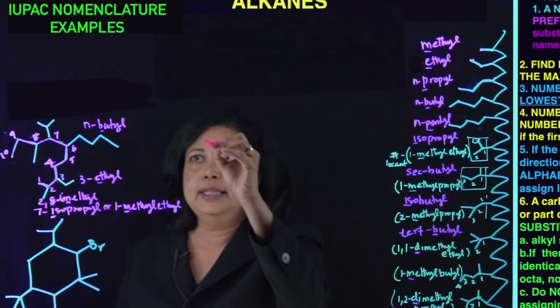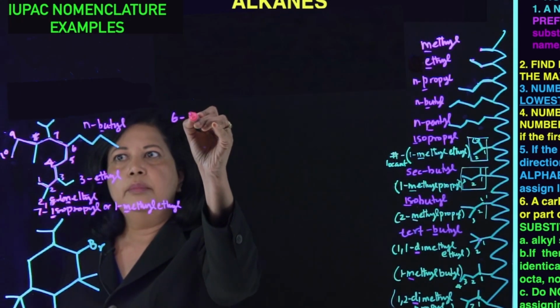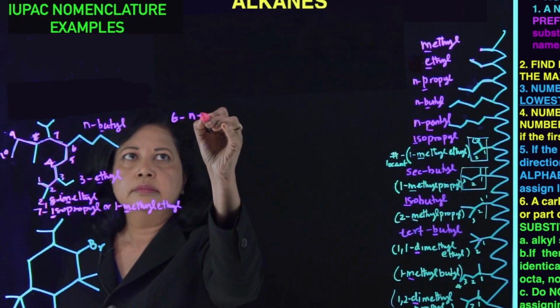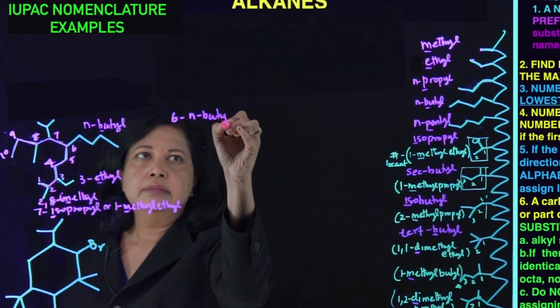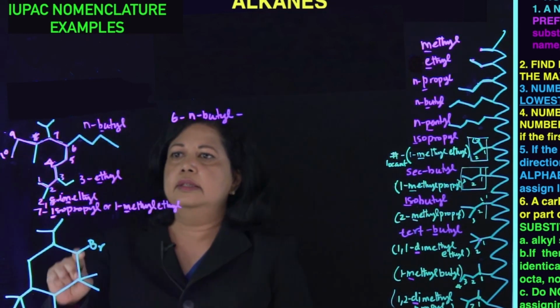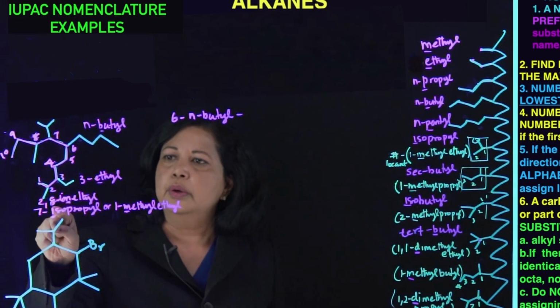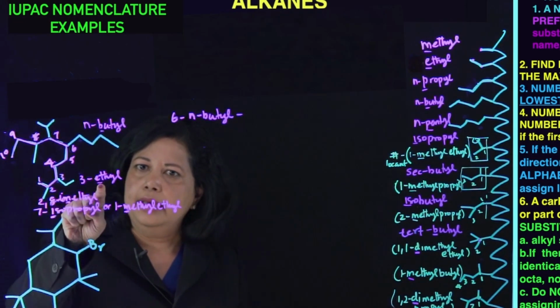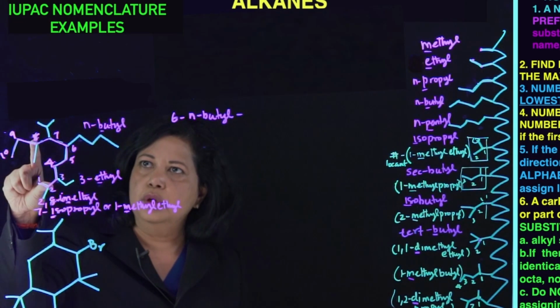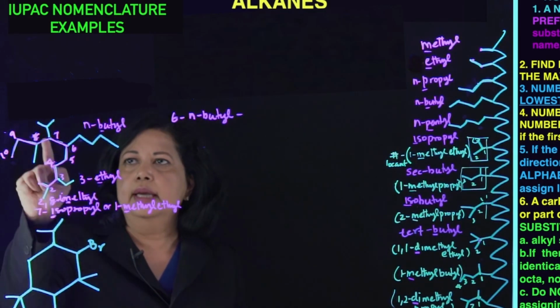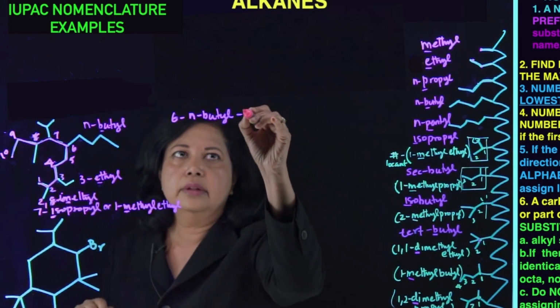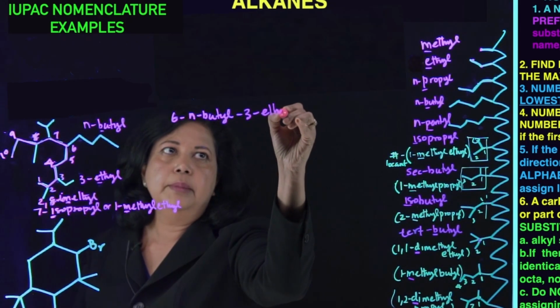6, let's go. 6 N-butyl. And then you're going to have over here ethyl, and then your isopropyl, and then your methyl. So 3 ethyl. This is their simple naming.